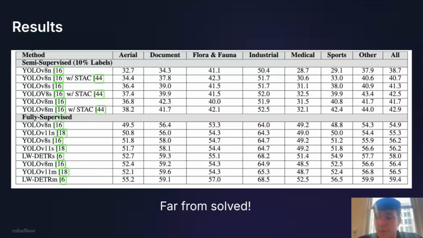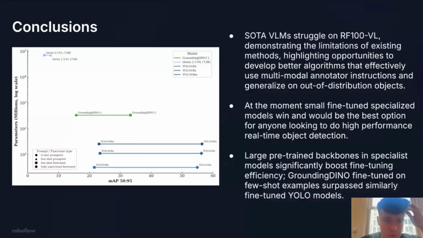So there is a lot of room for improvement, even with fine-tuning, and a ton of room for improvement with zero-shot VLM prompting. And that's where we really want to see the community do more work. And so, we're back to that graph here, with the most important takes from these experiments.